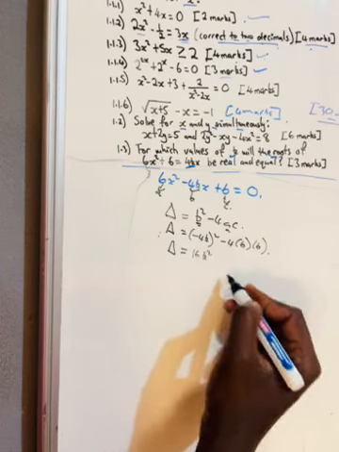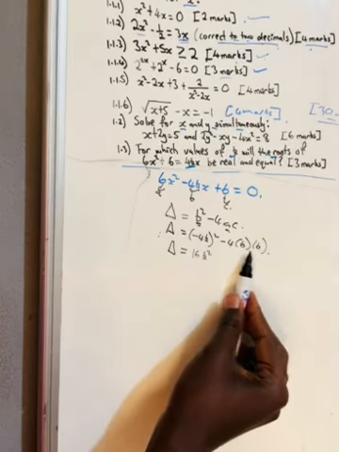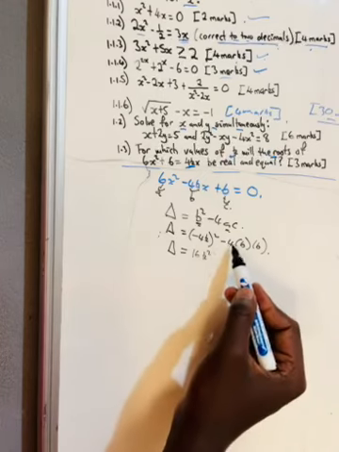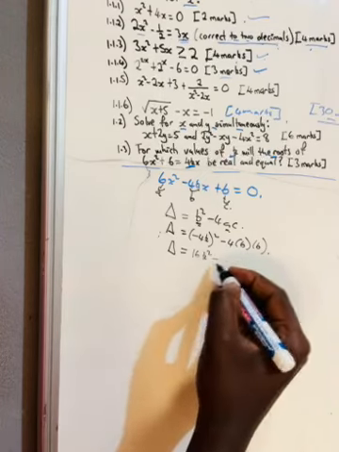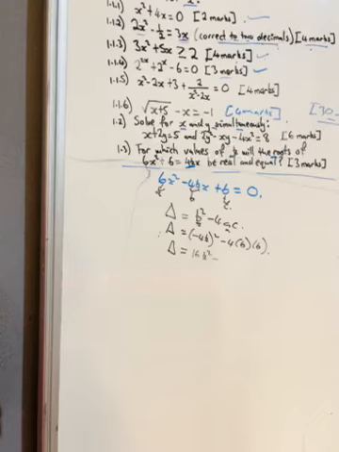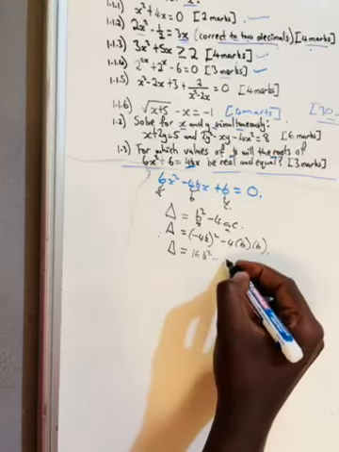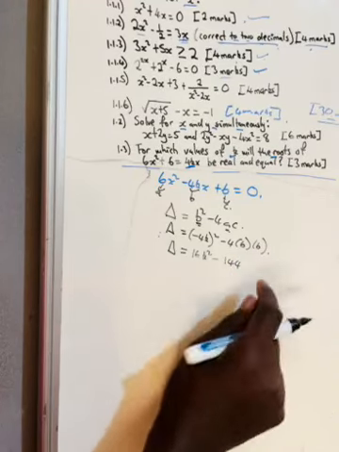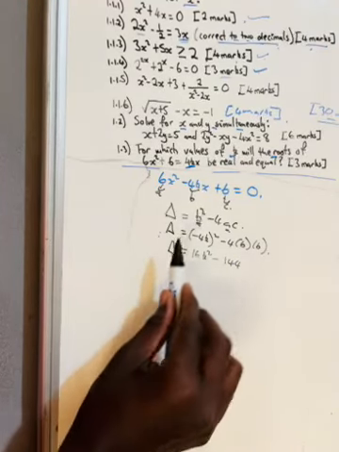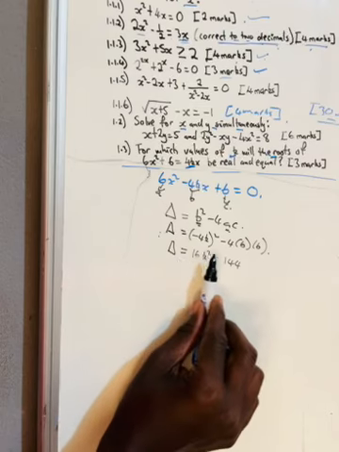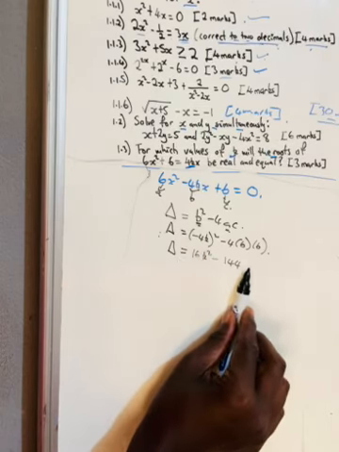And then we've got 6 times 6, which is 36, and negative times positive is a negative. Now we've got 36 times 4, but 36 plus 36 gives me 72. So basically it's 72 plus 72, which is 144. So the discriminant is equal to 16k squared minus 144.